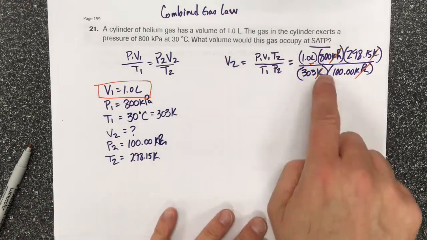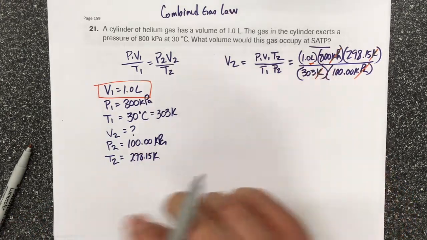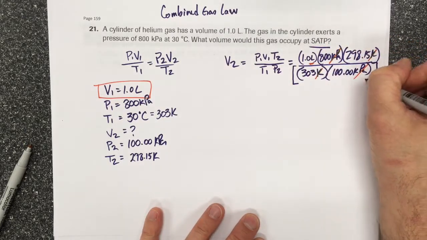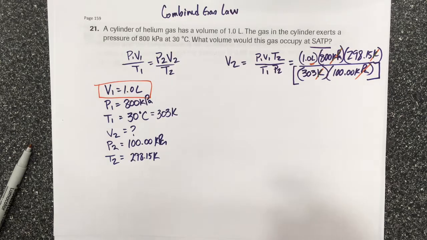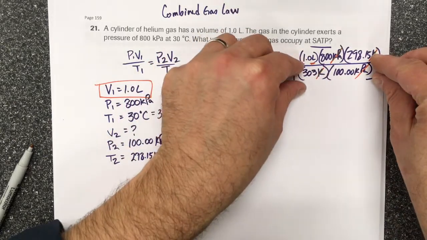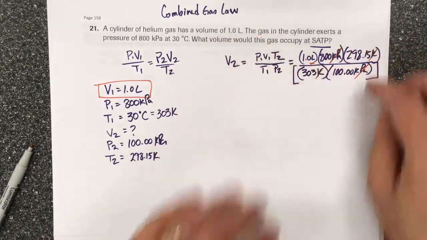My V2, I'm going to put this into my calculator, but from a calculator point of view, I need to put those things inside brackets. All these brackets that I've got here are just showing that these are all being multiplied, and I need to multiply both these numbers if I'm going to divide by that.